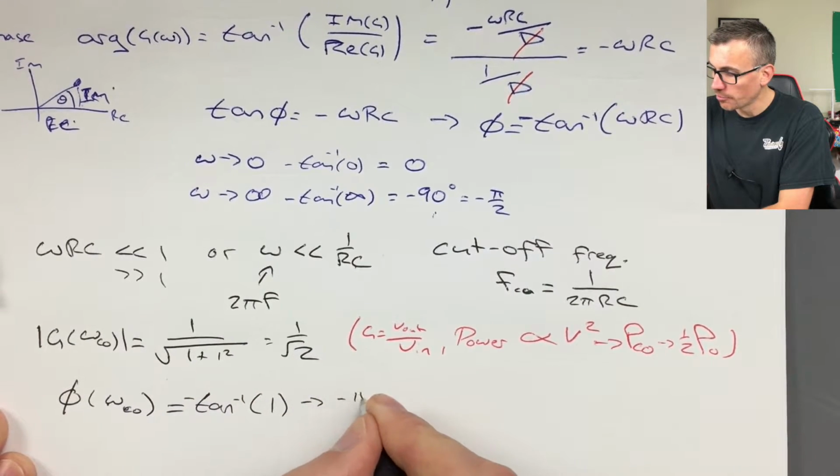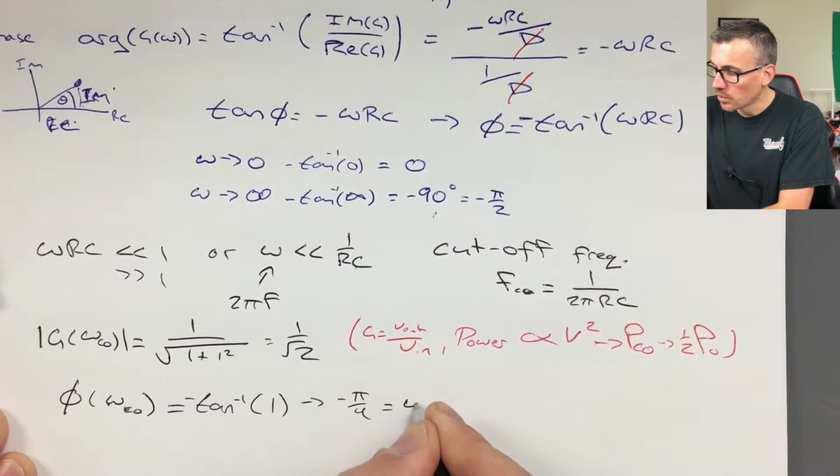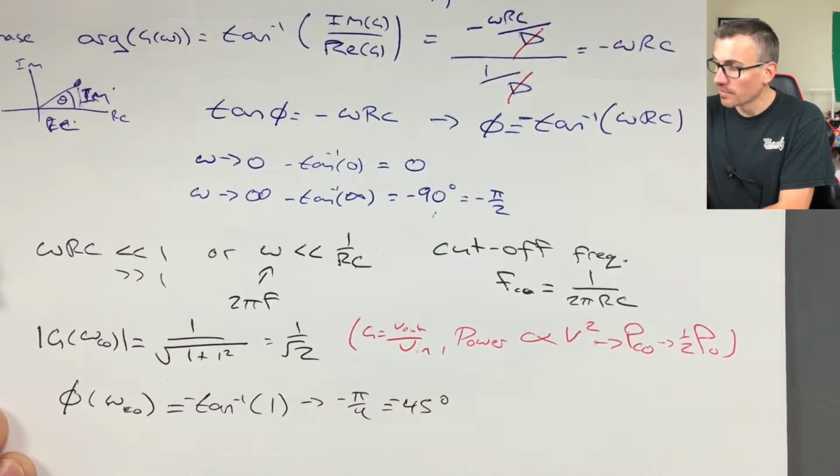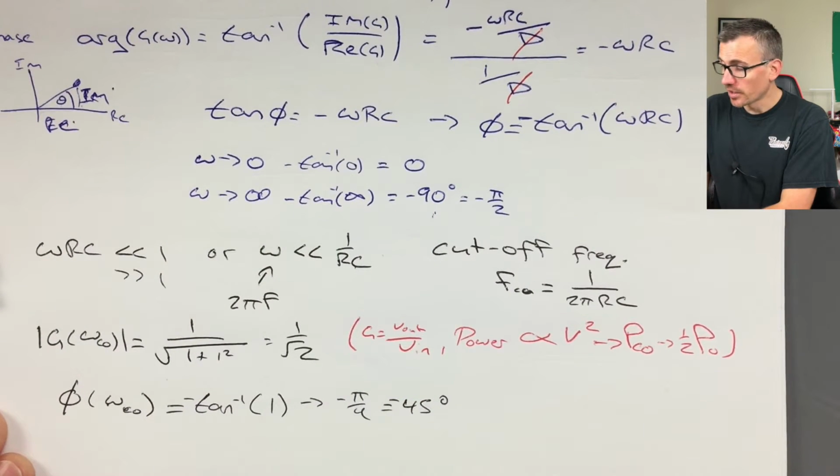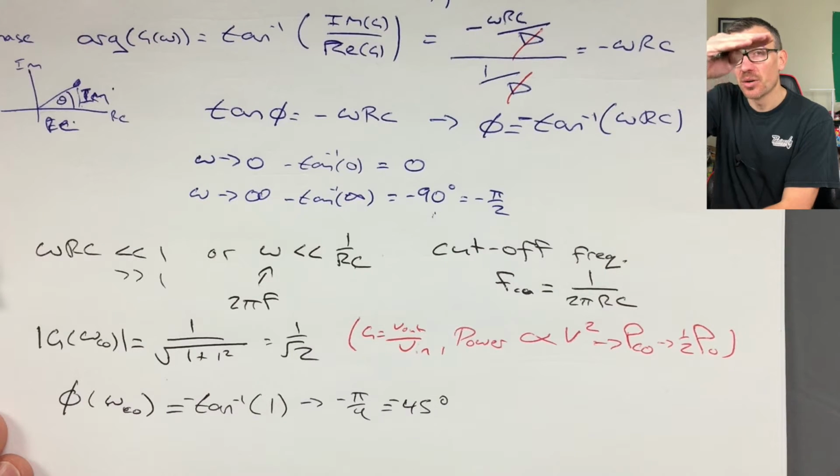So this is negative pi over 4, or negative 45 degrees. So at our cutoff frequency, we have half the power getting through, 1 over root 2 of the voltage getting through, and 45 degree phase. So it goes from 0, it's kind of halfway there at the cutoff, down at 45, and then eventually we'll taper out to 90 degrees.